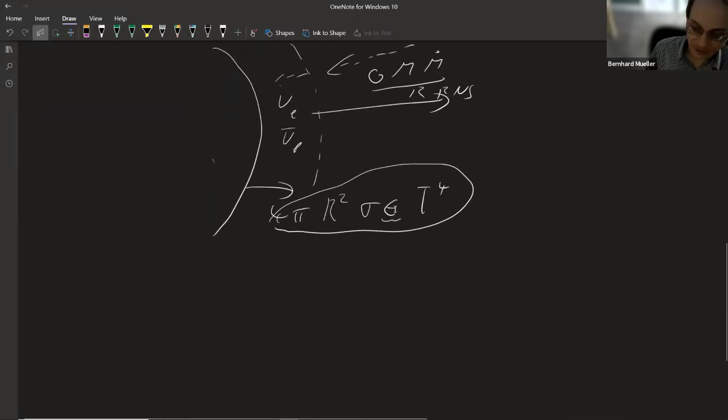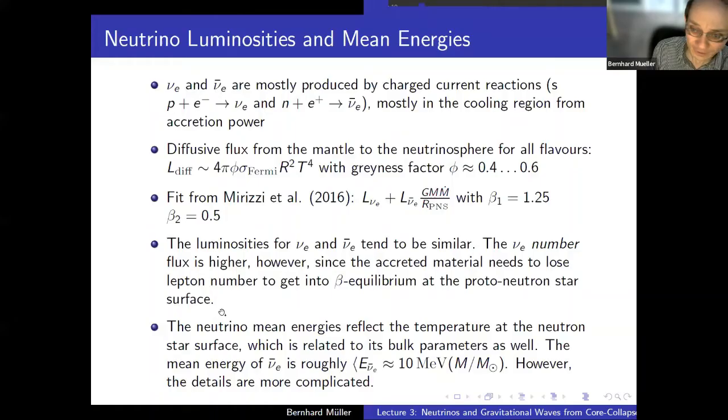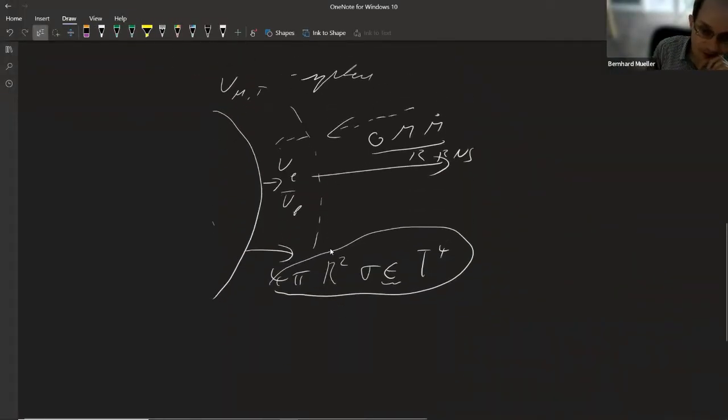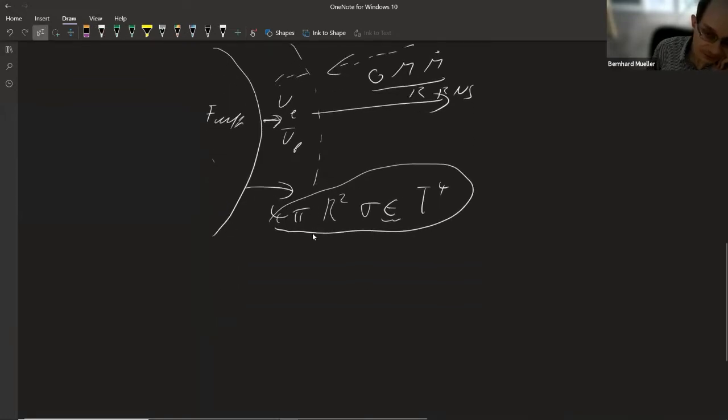It's a relatively gray emission, so much more inefficient than a black body, such that the grayness factor here is about 0.4, 0.6, and the nu e's and nu e bars really add the accretion luminosity on top of a diffusive flux that can also be described by the Stefan-Boltzmann law, and that means that you have a certain excess of the nu e and nu e bar luminosity over the heavy flavor luminosity.